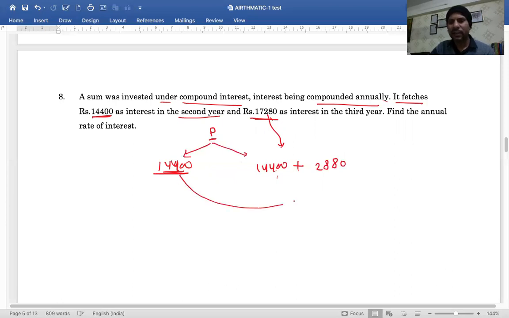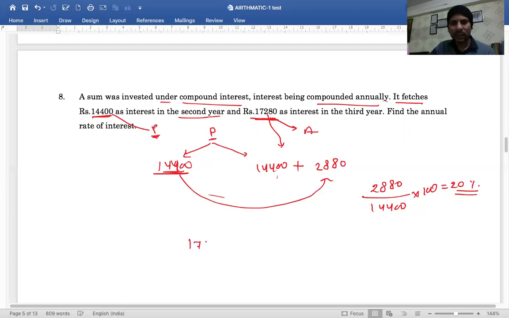This extra interest must have been earned from this amount of money, so we can calculate the percentage. It is 2880 divided by 14400 multiplied by 100, which is 20%. You can also do one thing: take this as the amount and this as the principal, and time is 1 year.